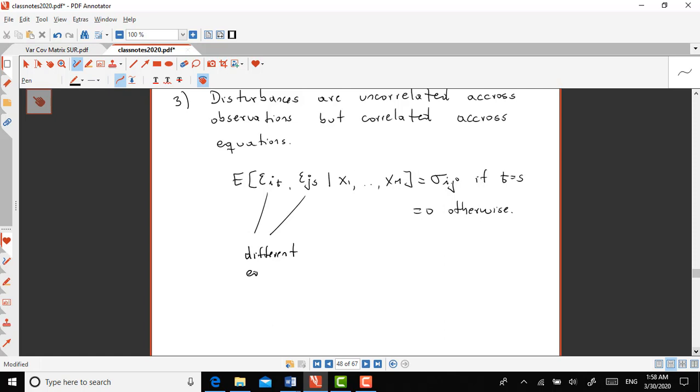We're saying that the errors for different equations are correlated if we're talking about the same individual. They are uncorrelated otherwise, which basically means t different than s, if we're talking about different individuals.